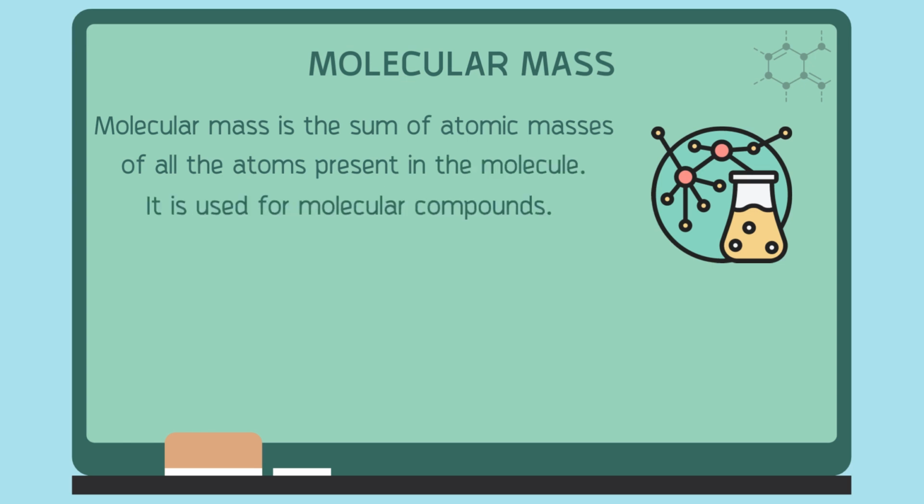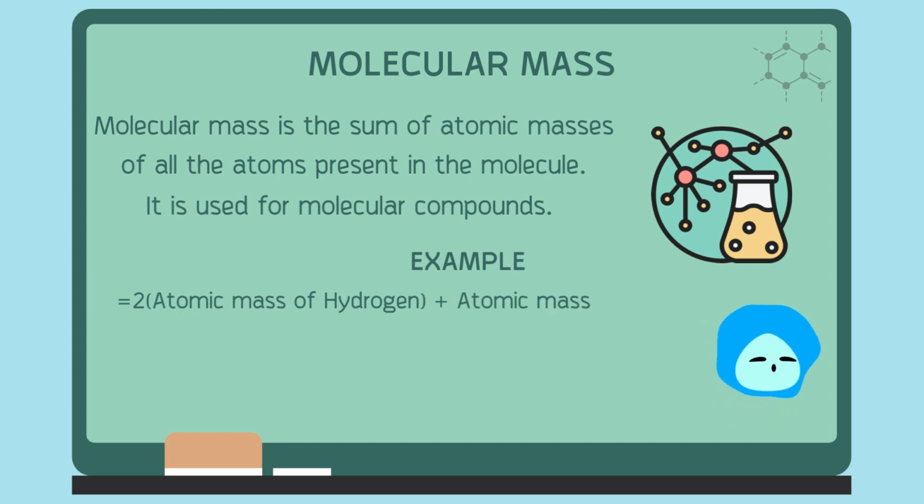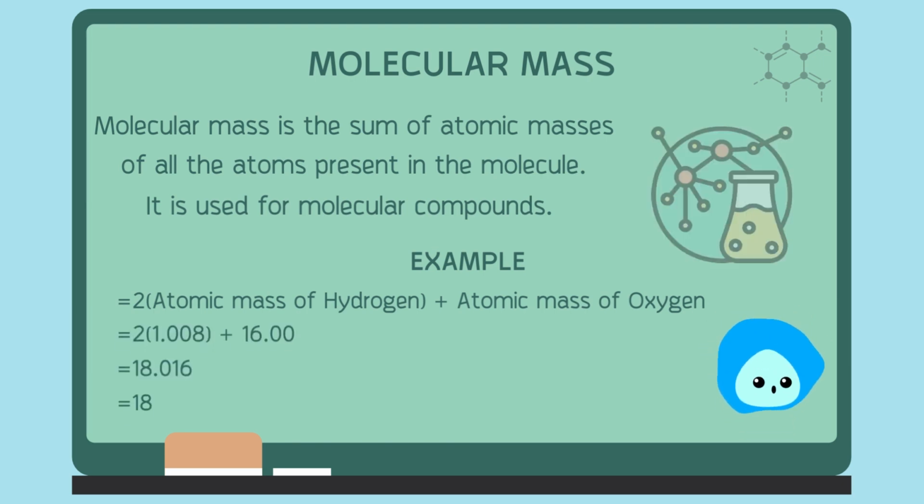For example, if there was a water molecule and we were to find its molecular mass, we would add the atomic mass of each hydrogen atom multiplied by 2 because there are 2 hydrogen atoms in a water molecule, and further add the atomic mass of one atom of oxygen, and we would end up with the rounded figure of 18. Let's take another example of naphthalene.